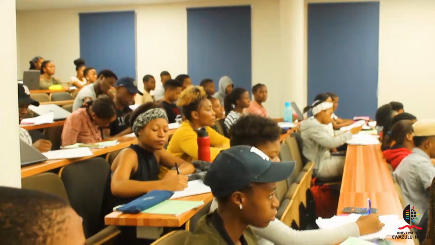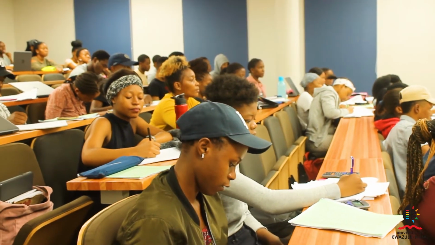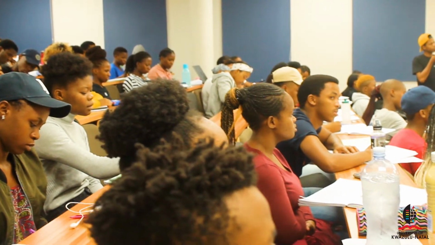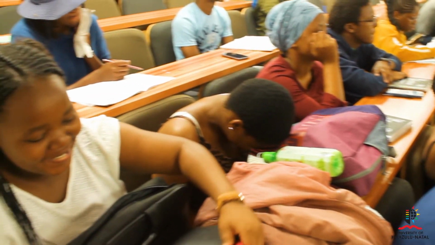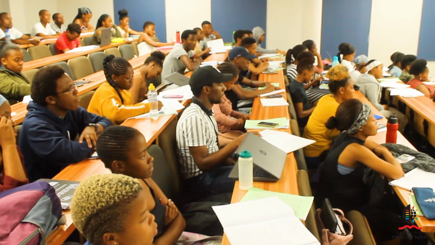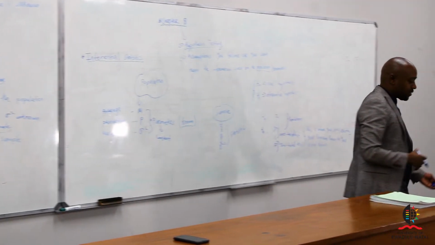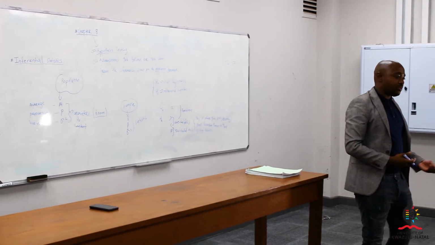Variance will be unknown if you are not told about the variance in the population. If I give you the standard deviation of the population, it's the same thing as giving you the variance, so variance is known.